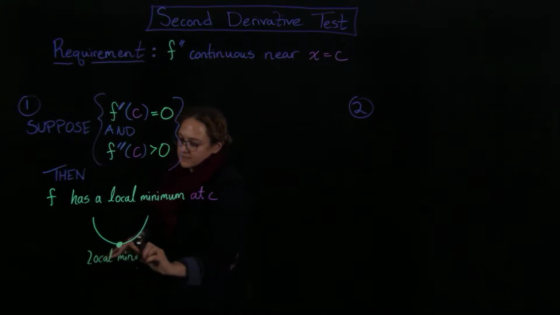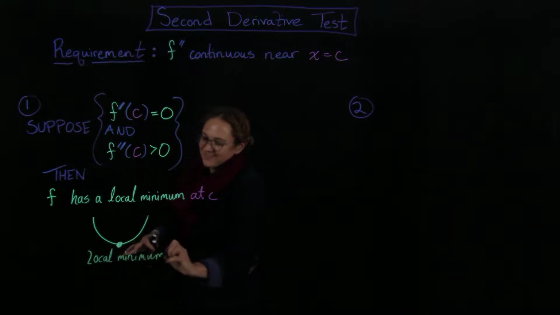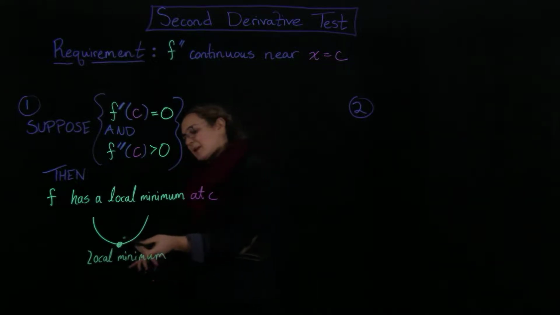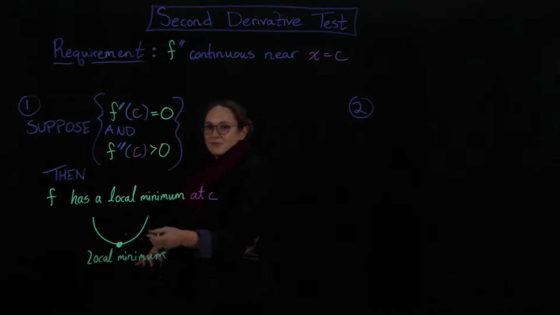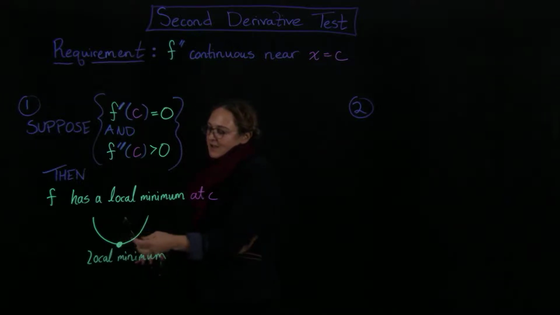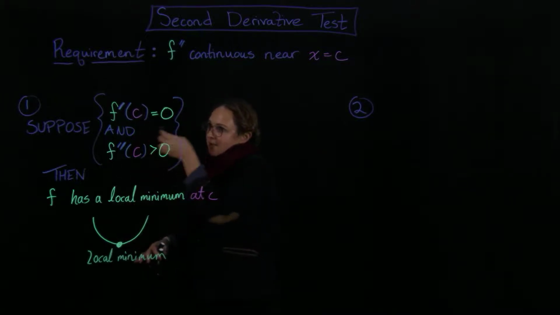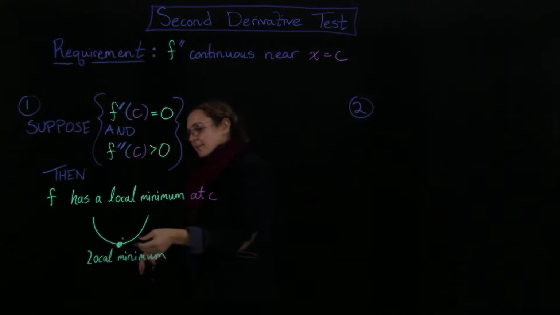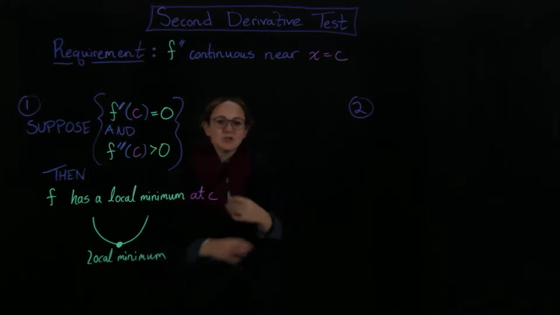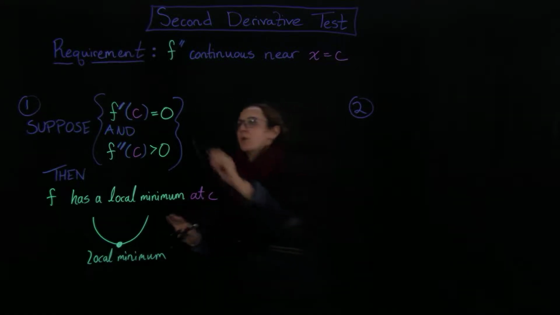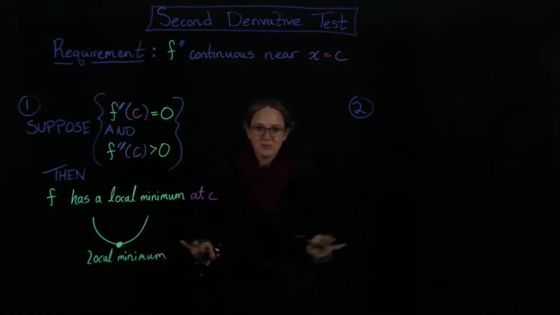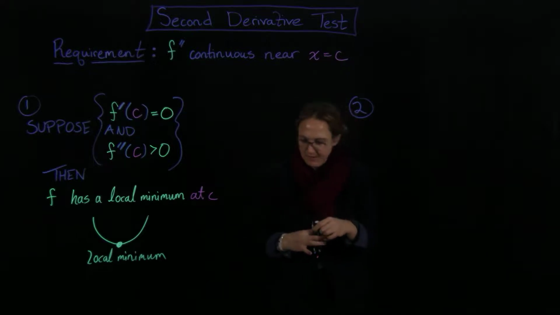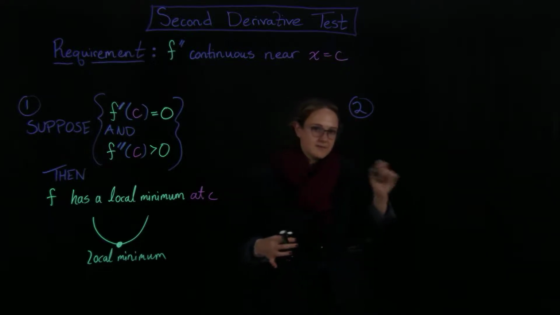What I would do is memorize this picture, and know that at this point my derivative has to be 0 because it's flat, and I'm concave up, so this looks like a local minimum. I would just draw that picture, and then you can remember which of these things fits with which circumstance. Honestly, that's how I would remember it.